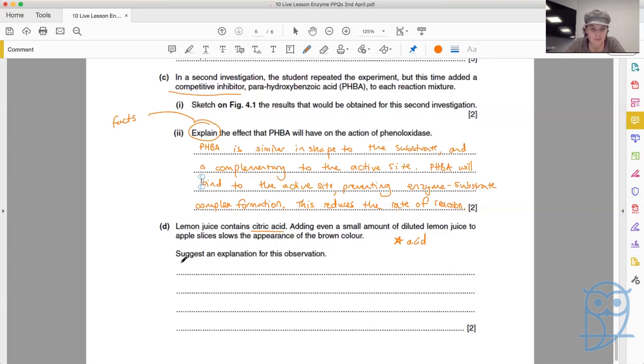So, enzymes work in a limited pH range. Adding lemon juice changes the pH, making it more acidic.